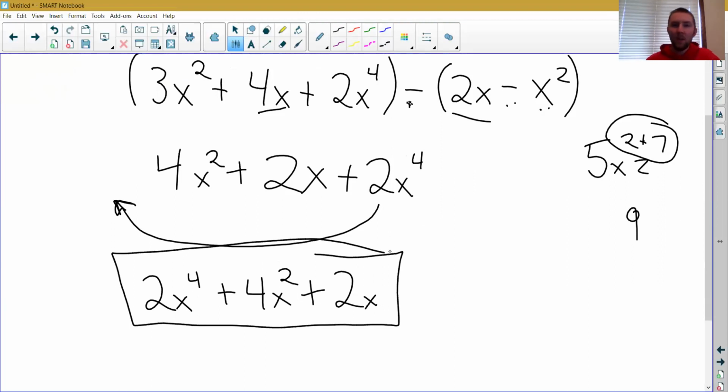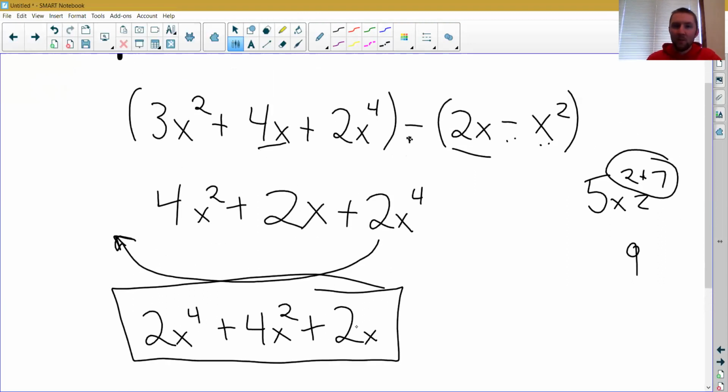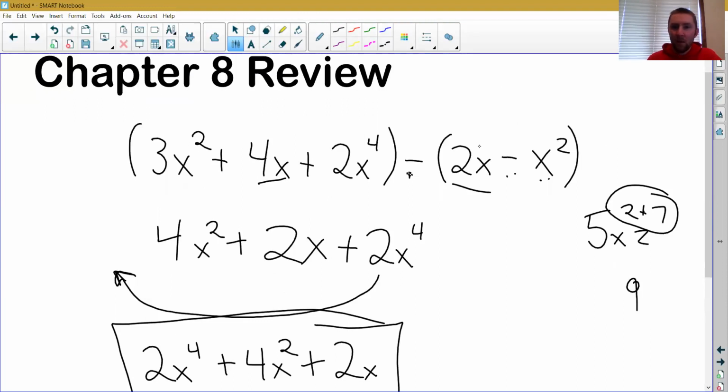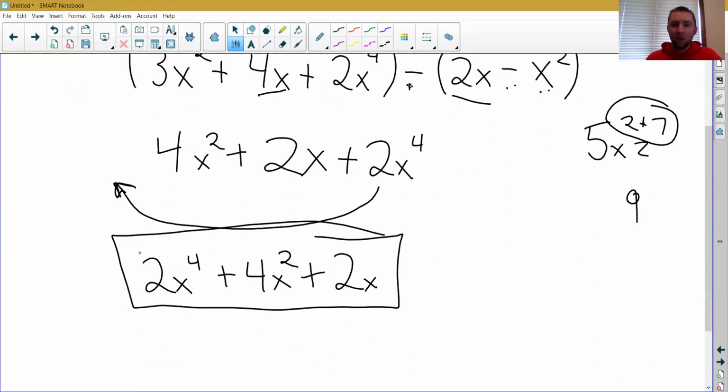Okay, so that would be the standard form answer when we subtract these two polynomials. And the degree of this polynomial would be 4, because that is the biggest degree of any of these three terms.